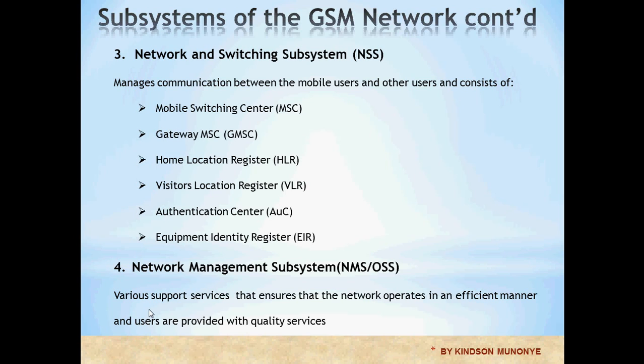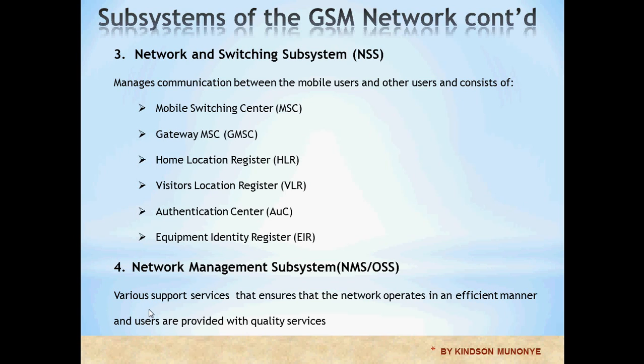Then we have the network management subsystem, NMS, or the OSS, the operation and support subsystem. This is not a component per se, but various support services given by the service providers that ensure the network operates in an efficient manner and users are provided with quality service.